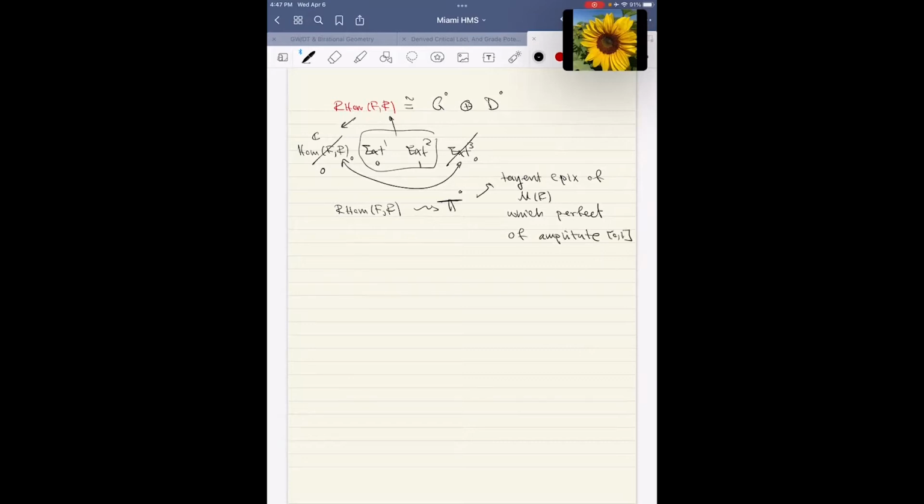Dually speaking, the dual of this maps to the cotangent complex of the moduli space, and it's a perfect complex of amplitude -1, 0. It is suitable to design the virtual fundamental class over the moduli space, and the invariants can be calculated. So let us just stop at this point.